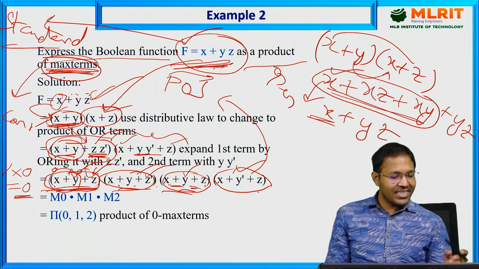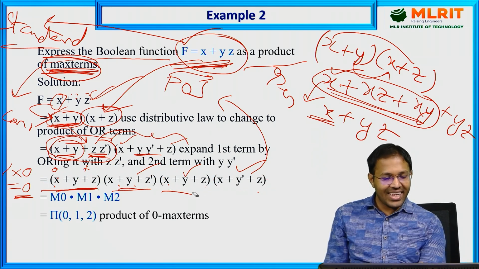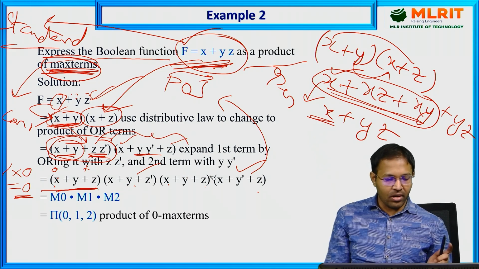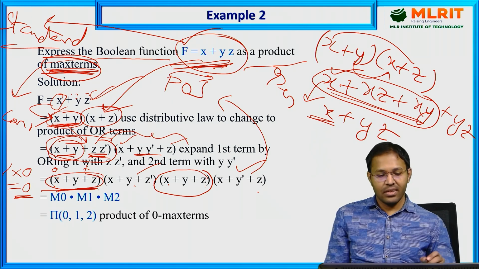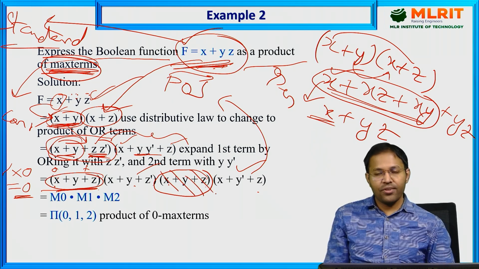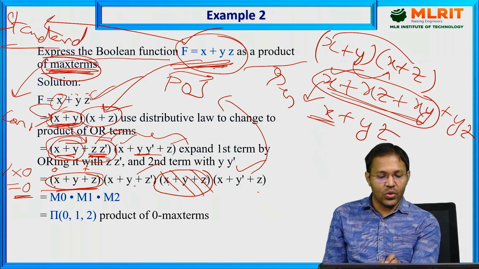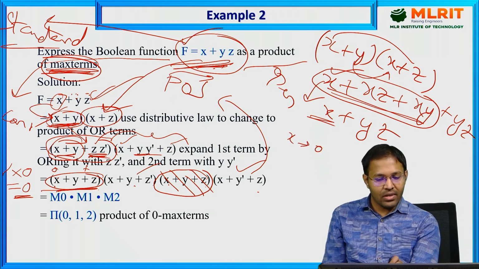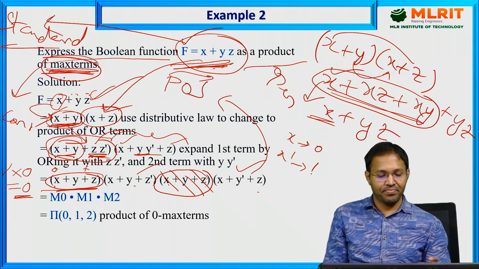Now let us check in this term if there is any repetition or not. So if you see, yes, xyz is repeated twice. So it's enough if you consider it only once. Now here in this case, x you will take as 0, complement you will represent as 1.